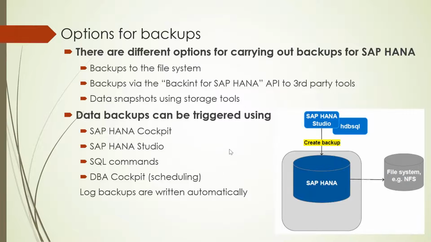Options for the backups. What options do we have for taking backups? We can trigger backups to file systems, or we can use third-party backup tools like NetApp, Veritas, HP backup tools, or other vendors' backup tools. Each and every vendor has their own configuration steps.